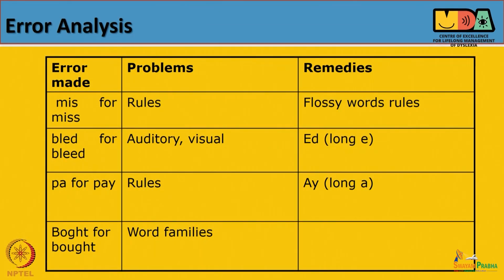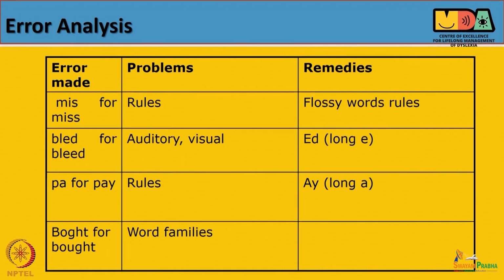The other word that I looked at is bled for bleed. Here, the child has not heard the difference between the short vowel sound and the long vowel sound. The fact is that bleed has a long vowel sound. Even visual memory or imagery has not helped him to realize the fact that there are two E's in this word.